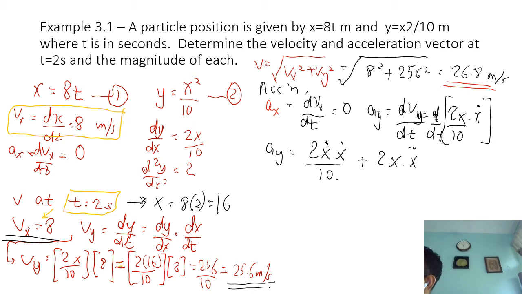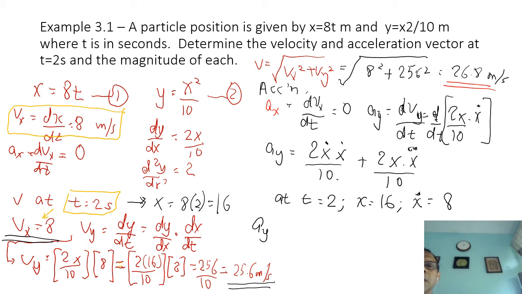This is the chain rule. Substitute at t equals 2: x equals 16, and x dot equals 8.